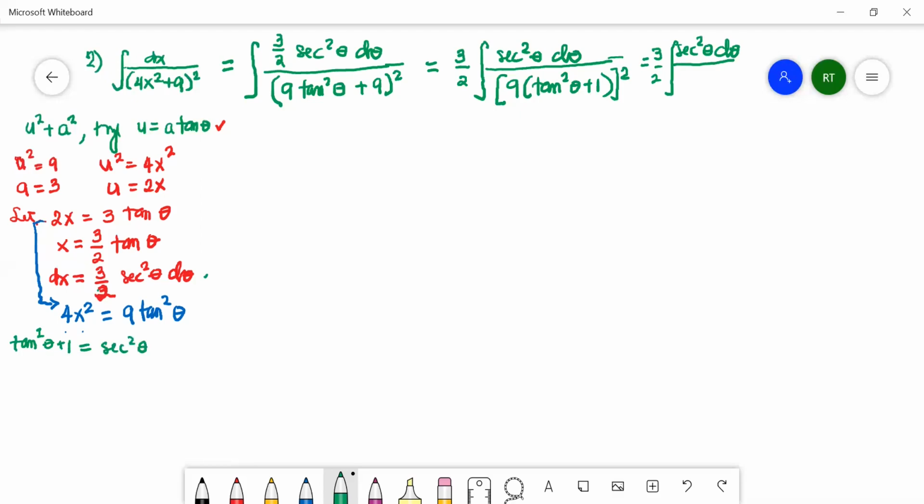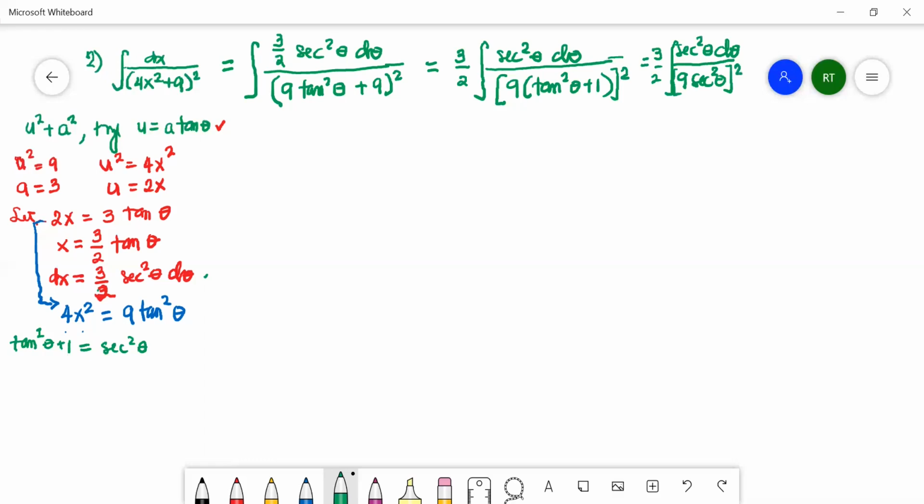So we can replace tangent square of theta plus 1 by secant square of theta, giving us the denominator equal to 9 secant square of theta, and we have to raise this to the second power.